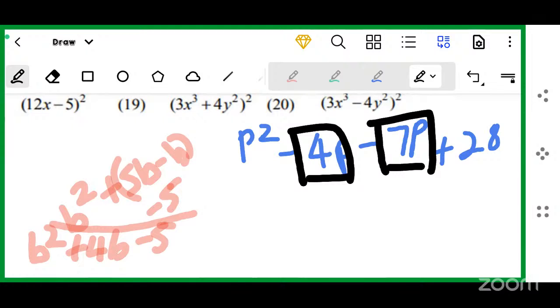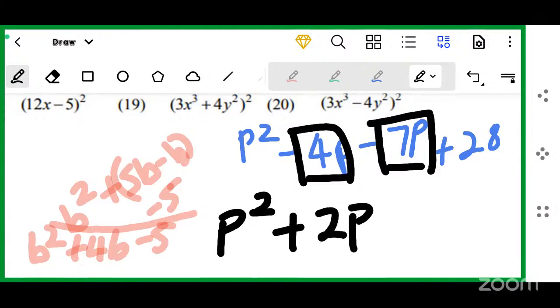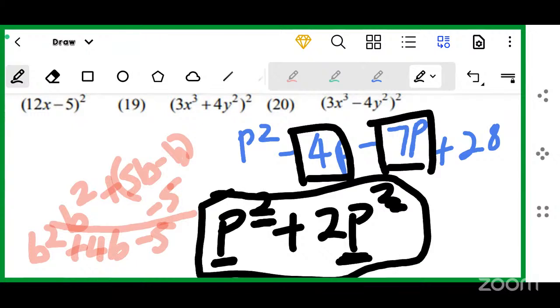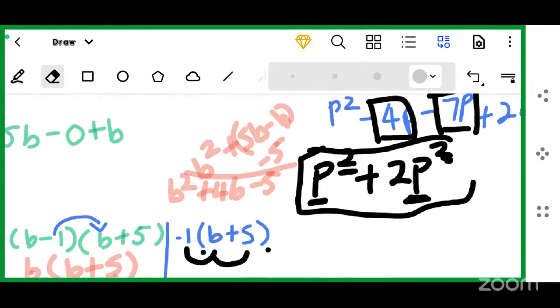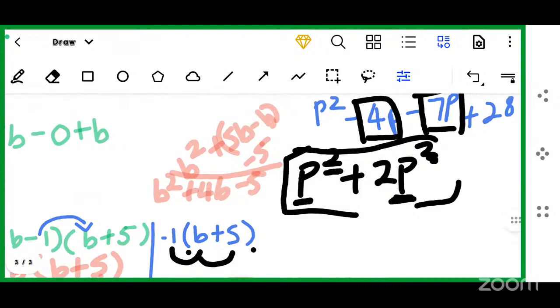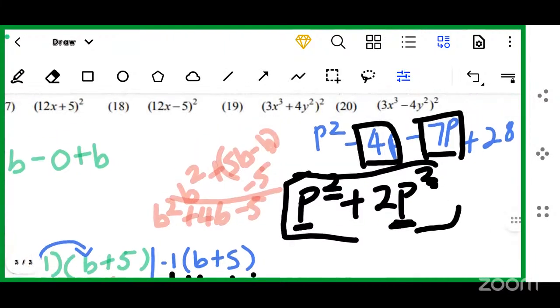So let's say if we see p to the power of 2 plus 2p to the power of 2, what you have to think of is anything that starts with p.